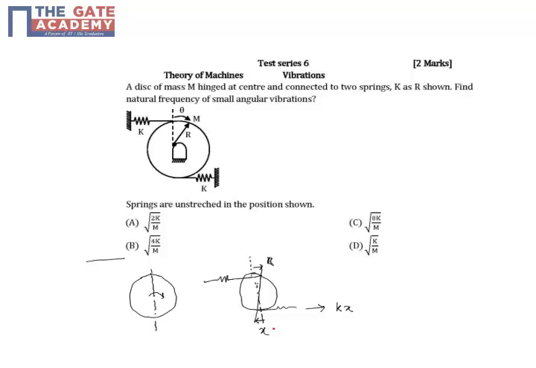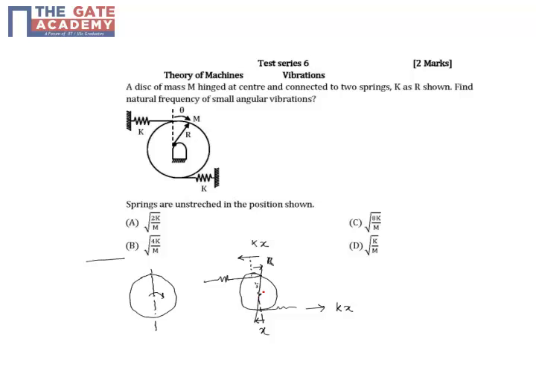Whenever the spring is stretched, it tries to come back to its initial length, so it tries to pull, and if it is compressed, it tries to push. Here in both cases the spring is in tension, it is stretched, so it tries to pull back. So that is kx. So kx is the force acting.